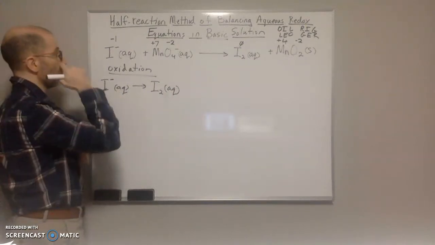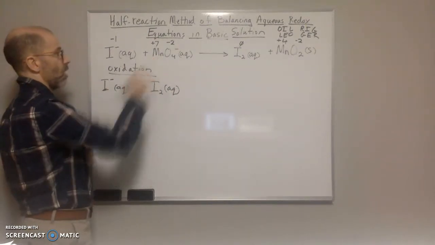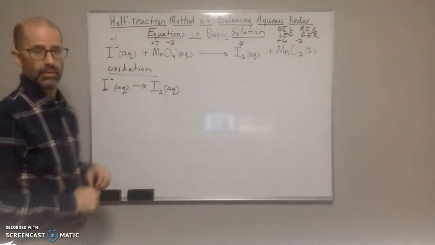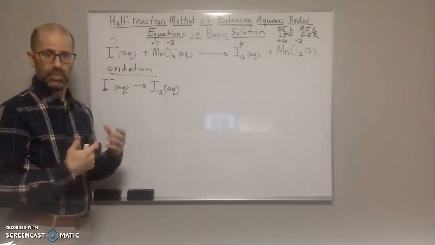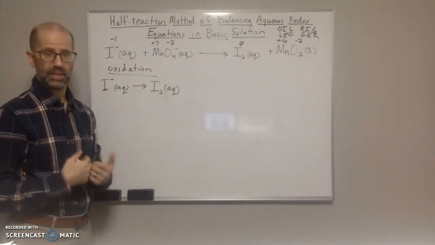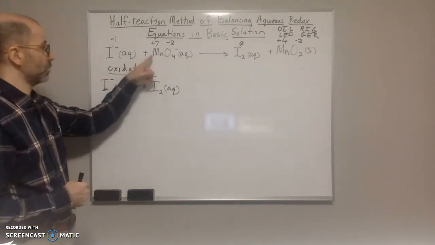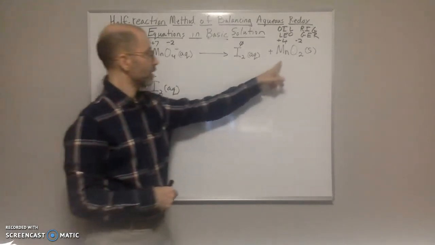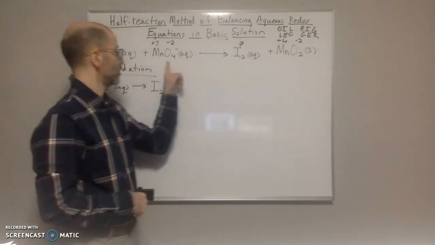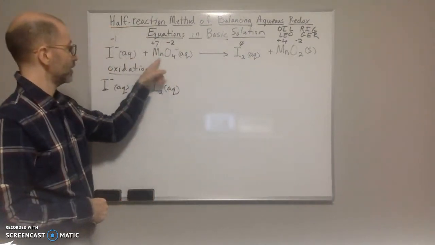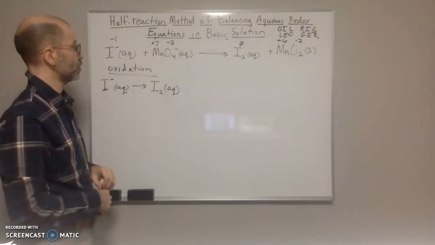And then RIG is reduction is gain. Reduction is gain of electrons. So when you're gaining electrons, you're becoming more negative, less positive. Which one is becoming more negative or less positive? So we have +7, +4. The oxygen is not changing. So the manganese is what gets reduced.